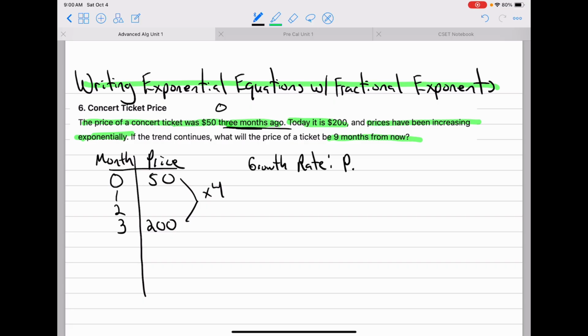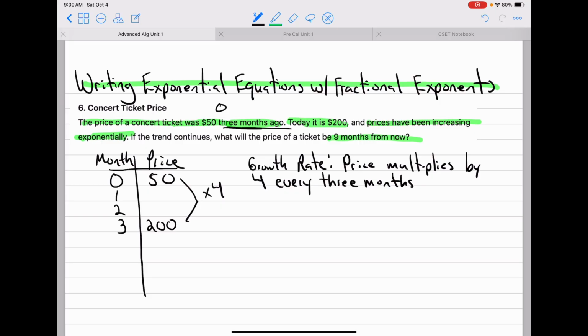We say price multiplies by 4 every 3 months. Okay, so that's a thing that we need to notice. It multiplies by 4 every 3 months.